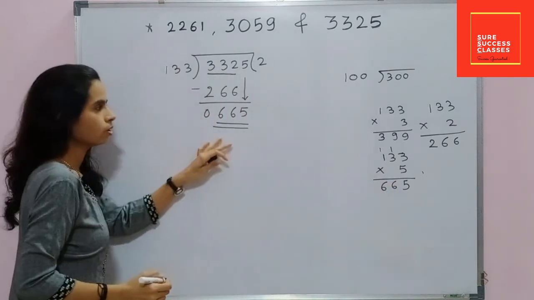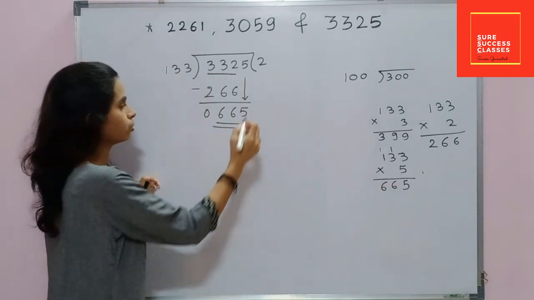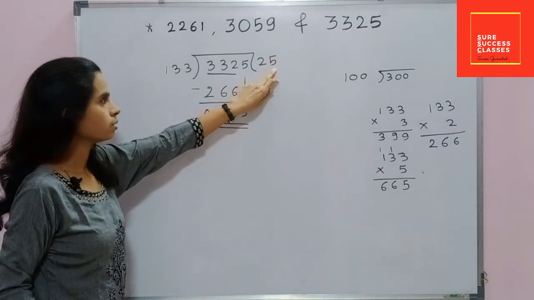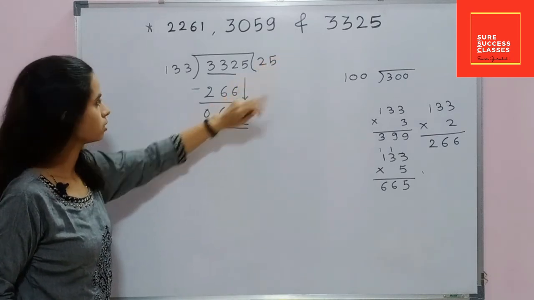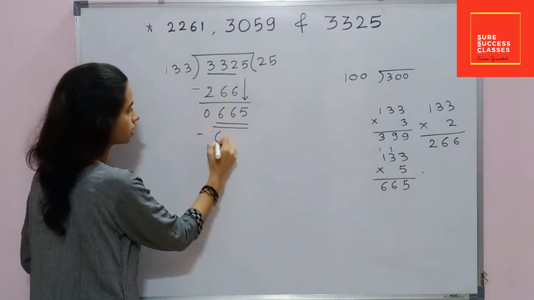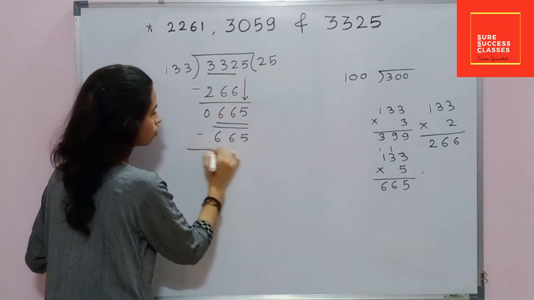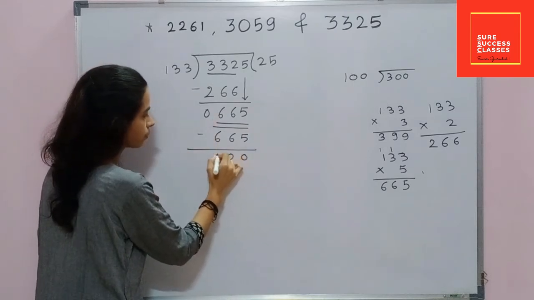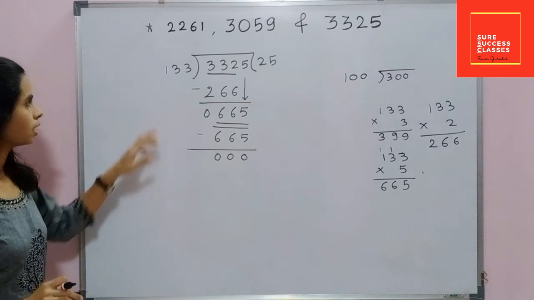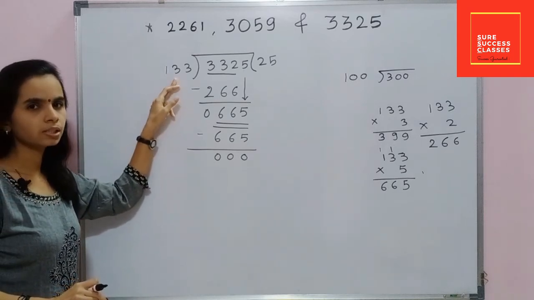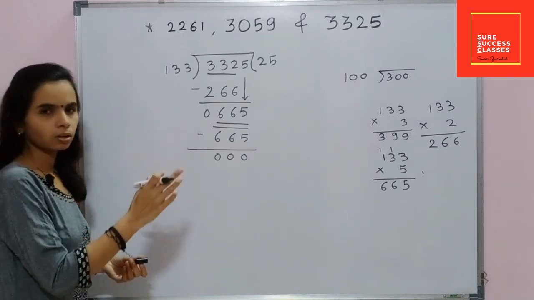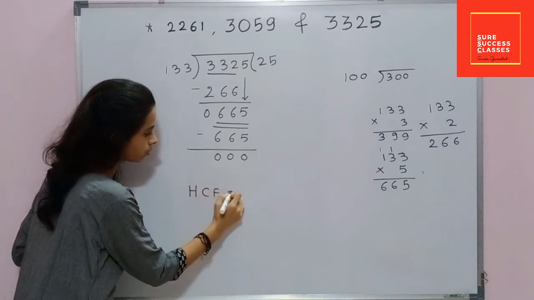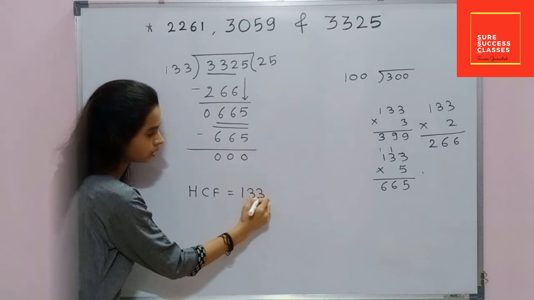So here we have got 665. We will write 5 at the next place after this 2 and subtract 665 from this number. We will get 0 as a remainder. This means again this 133 is the HCF of all 3 numbers. So the HCF of these numbers is 133.